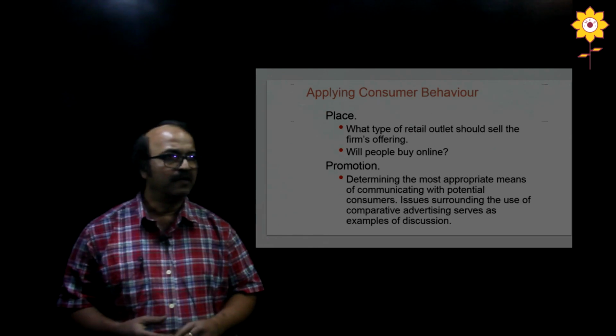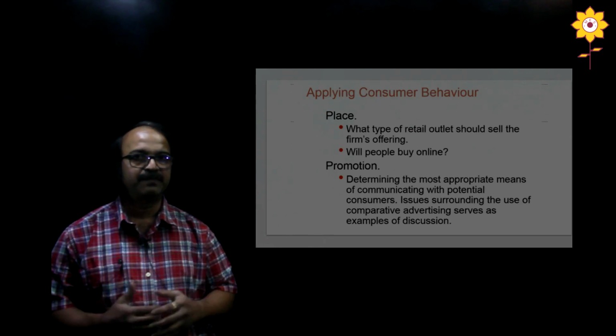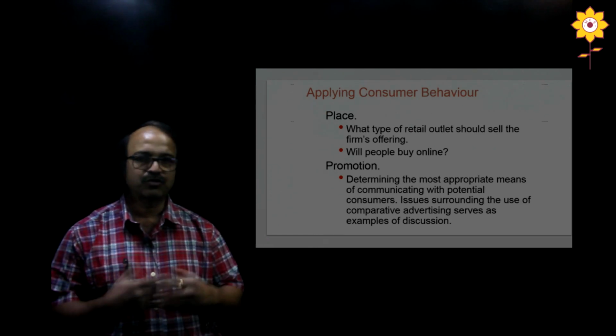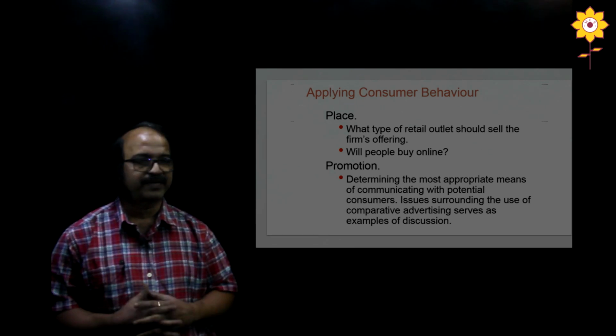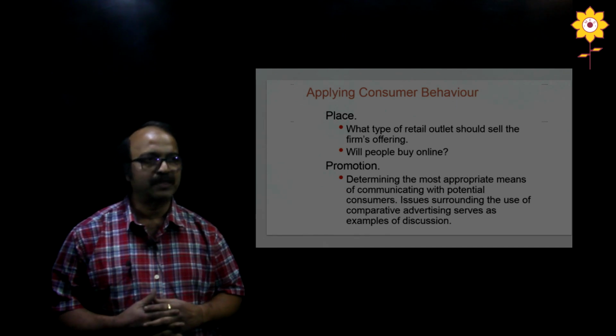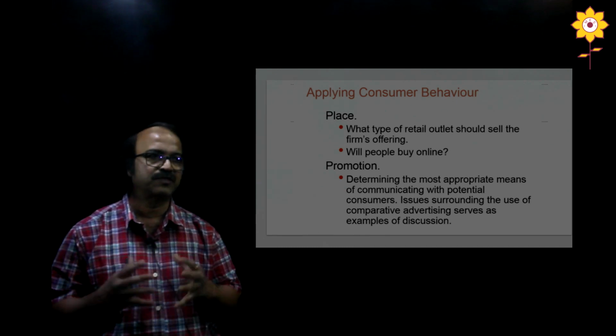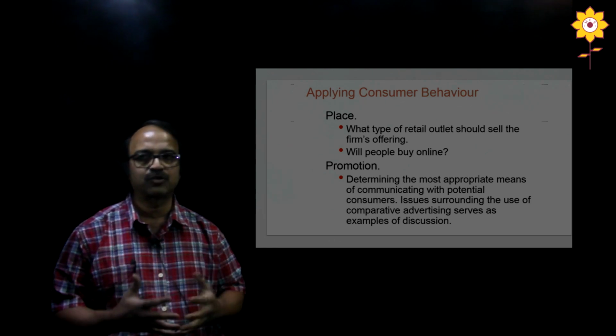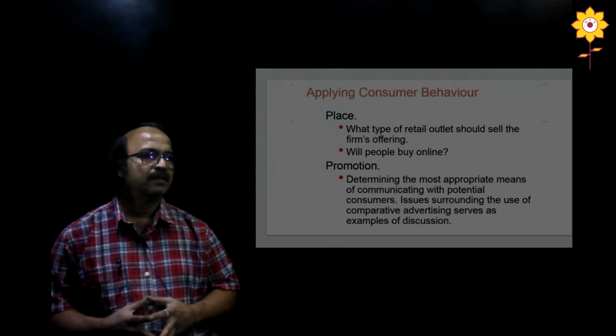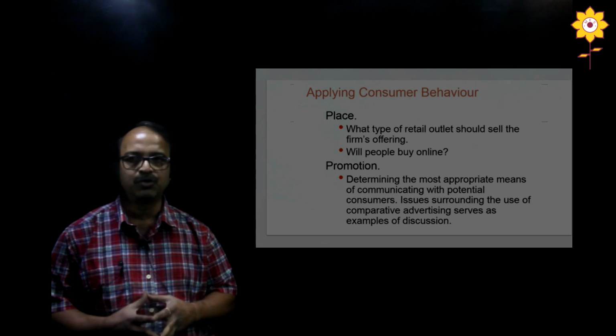Now the place, which is the third P of the marketing mix. We also have to see what type of retail outlet should sell the firm's offering. Will people buy online? These are all questions the corporate has to answer for any product to be introduced into the market. Then comes the last P, which is promotion.